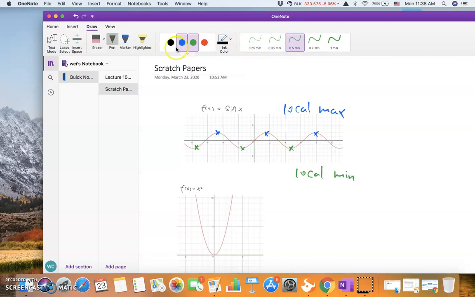And now the absolute maximum here is the same as the local maximum, and the absolute minimum is the same as the local minimum. This is because their y values are the same. For all the maxima, their y values are the same, and for all the minima, their y values are the same.